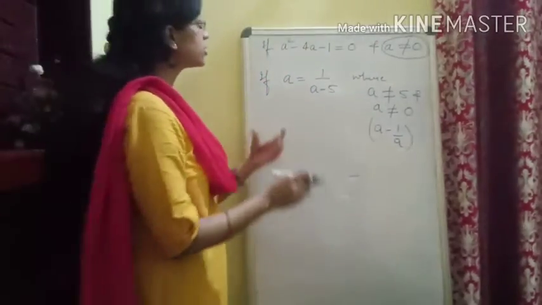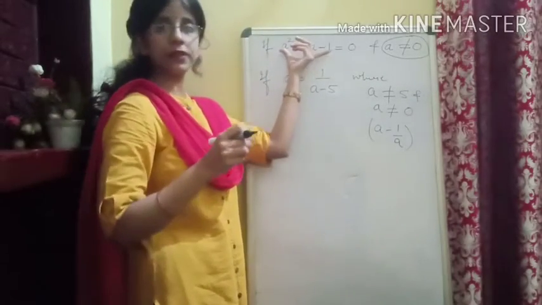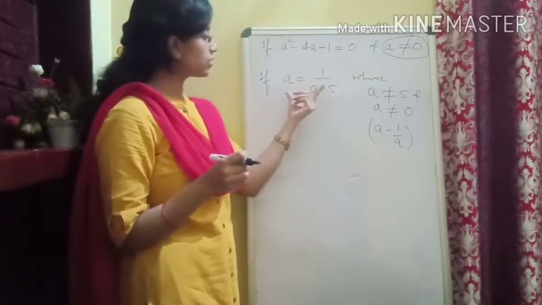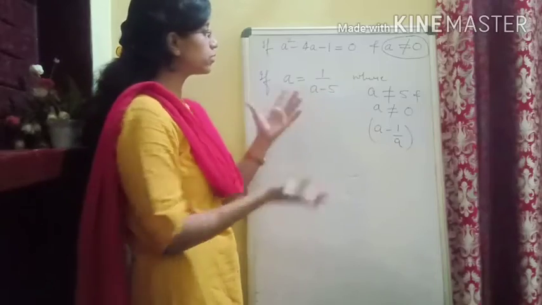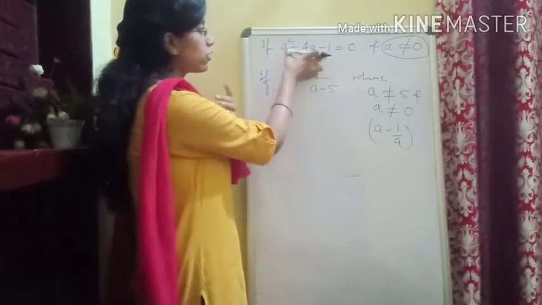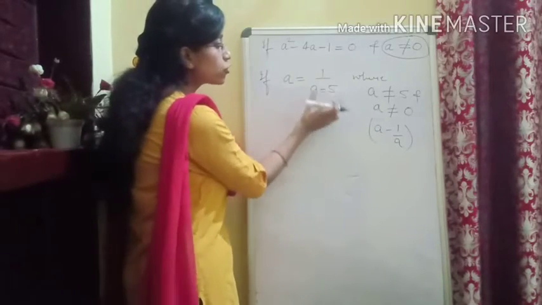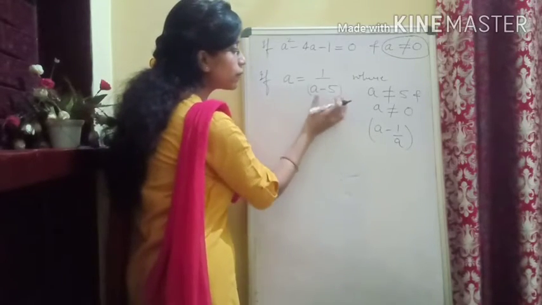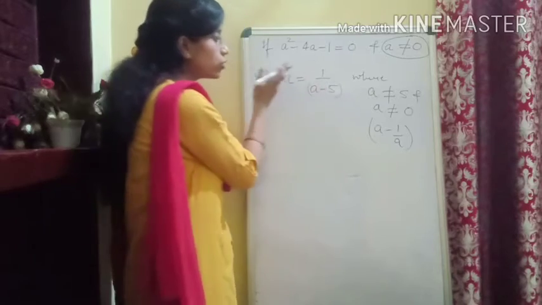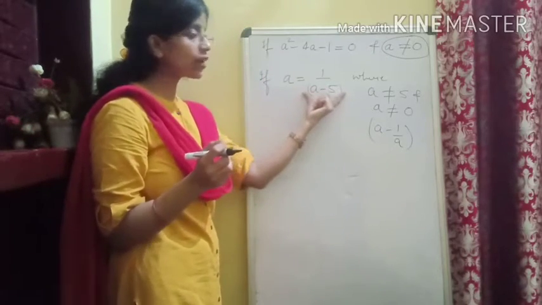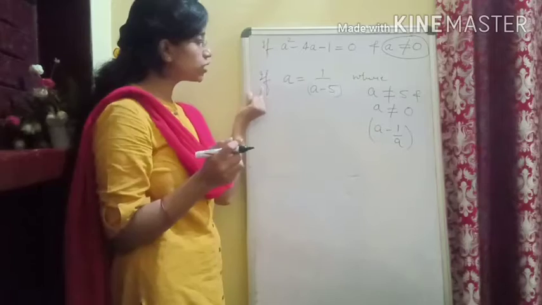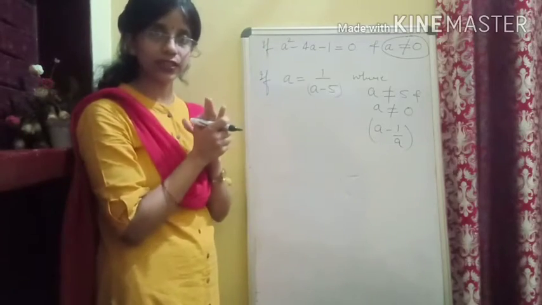Now see, first thing, in the previous question this expression was given, so you can solve in any way. You can solve the quadratic first, or else we have to simplify. So what I am going to do is bring this a minus 5 to this side, since it is in division here, and if it comes to this side it will be in multiplication, isn't it?